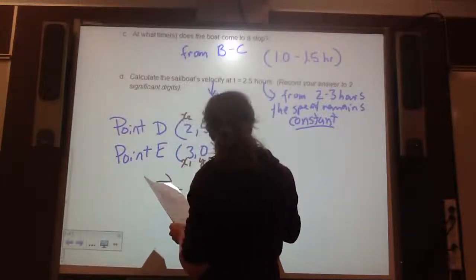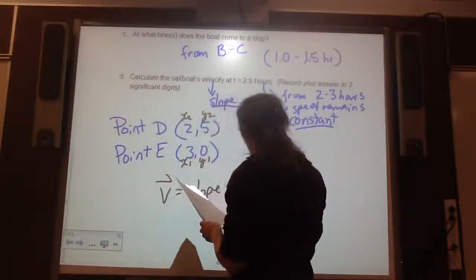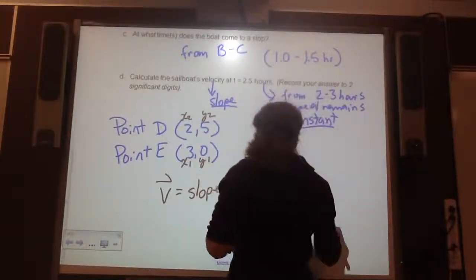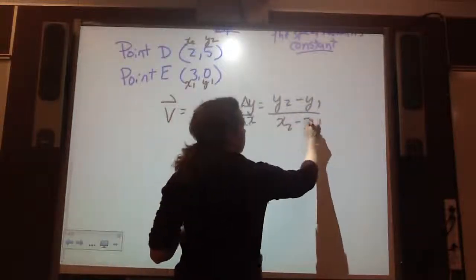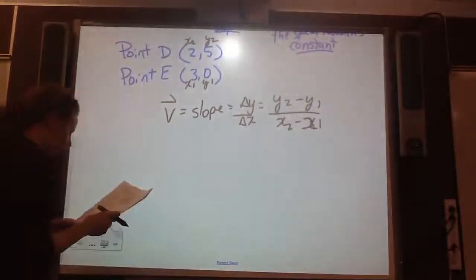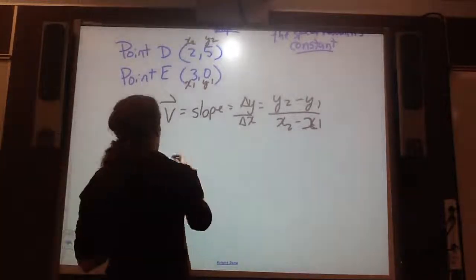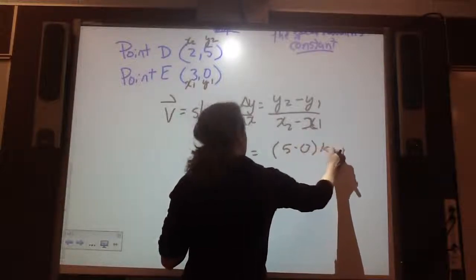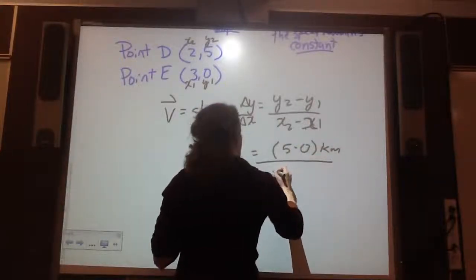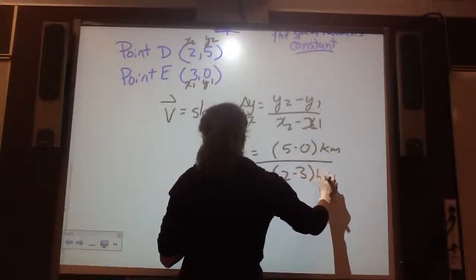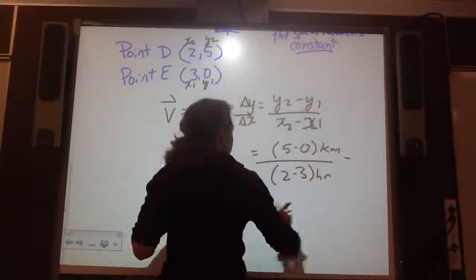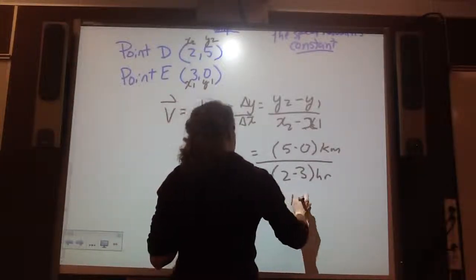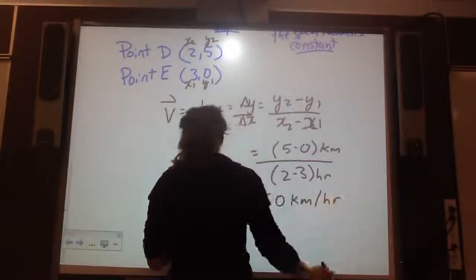So that's delta Y over delta X equals Y2 minus Y1 over X2 minus X1. So, this is equal to 5 minus 0 kilometers divided by 2 minus 3 hours. That is equal to 5.0 kilometers per hour.